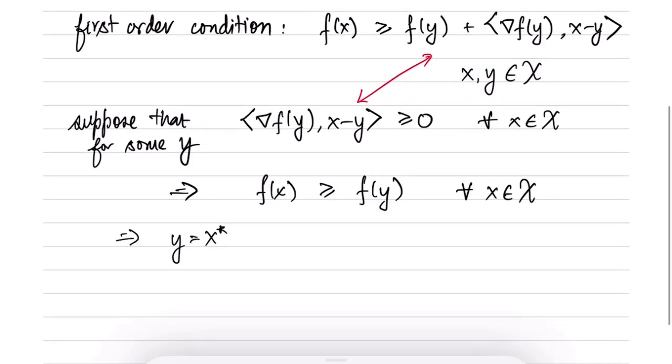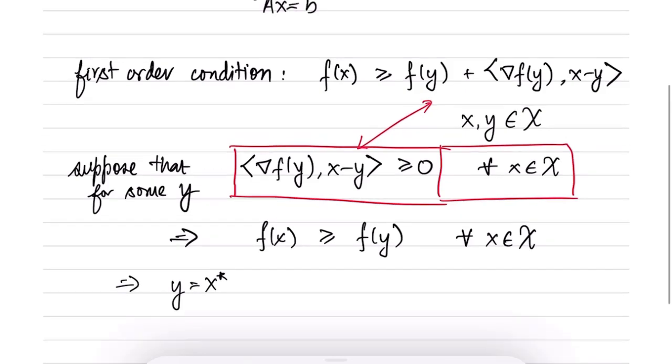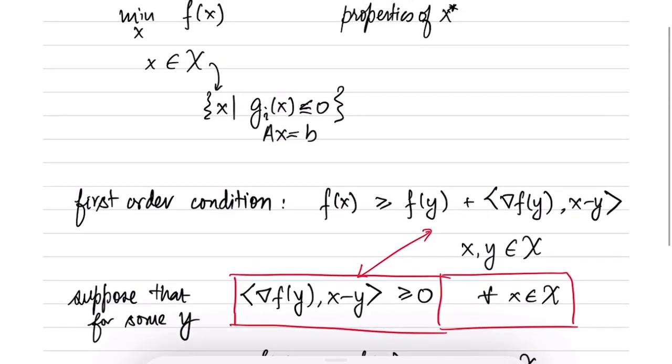Right, so this is our first basic optimality condition, which is saying that gradient f of y comma x minus y inner product greater than or equal to 0 for all x in calligraphic X is the optimality condition for this optimization problem.